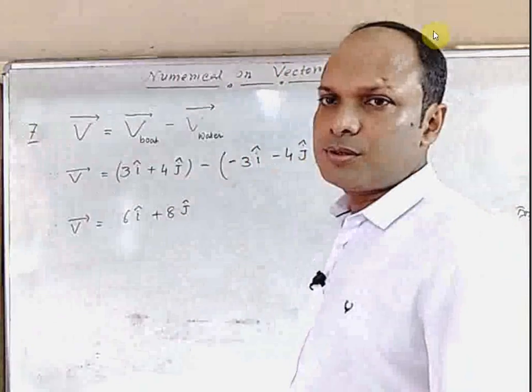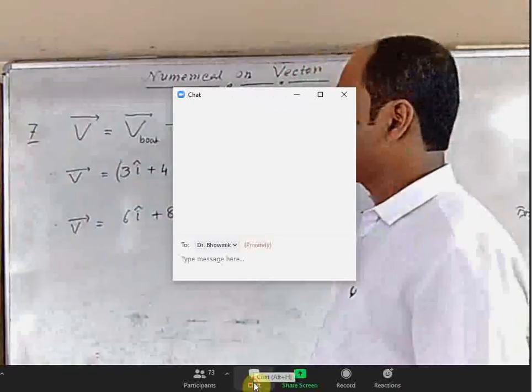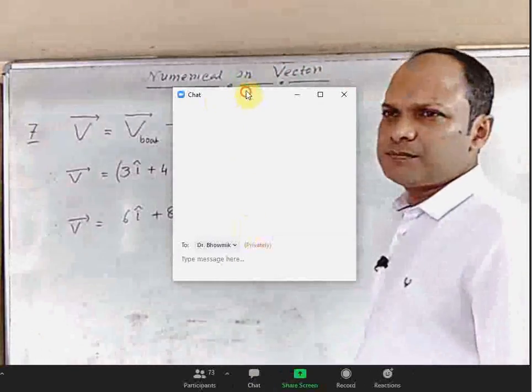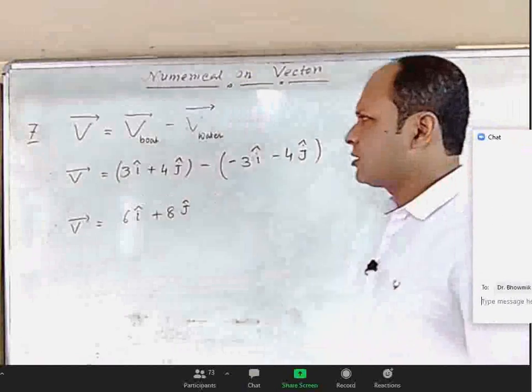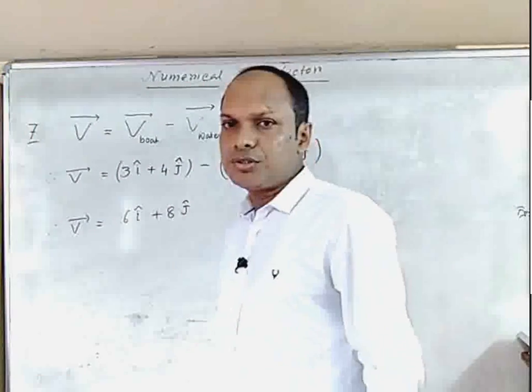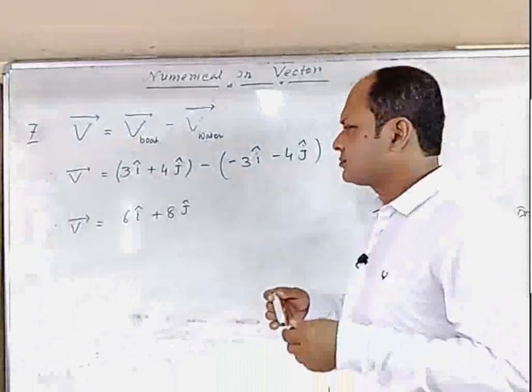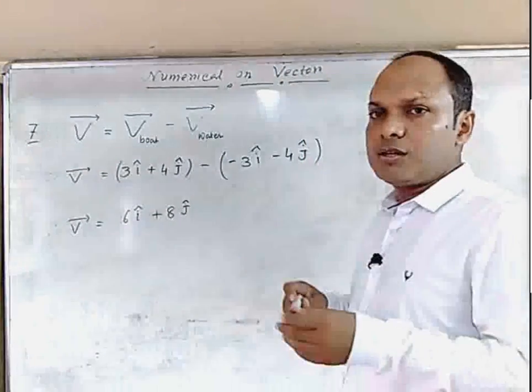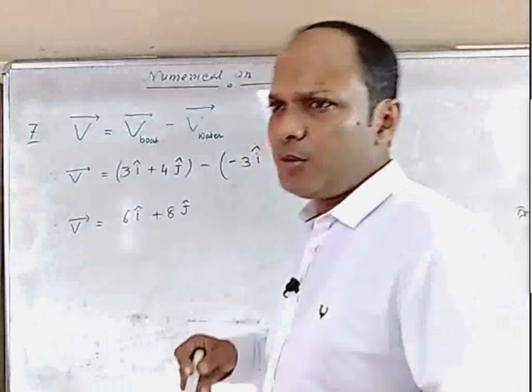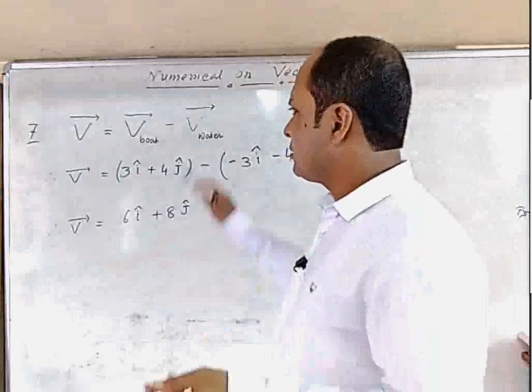So this is the relative velocity of boat with respect to the water, with respect to which it will be said, that should be the minus.